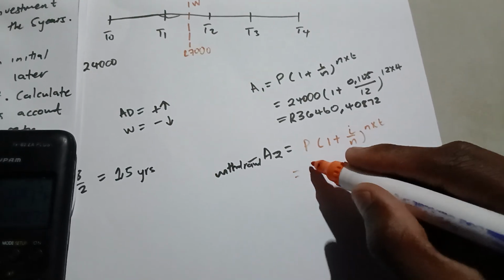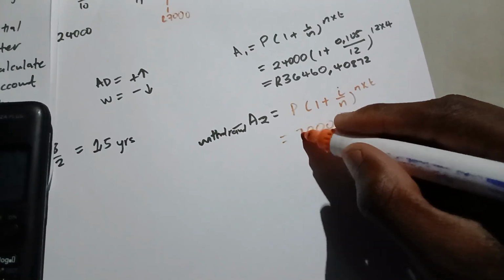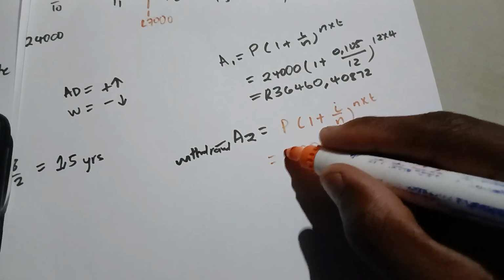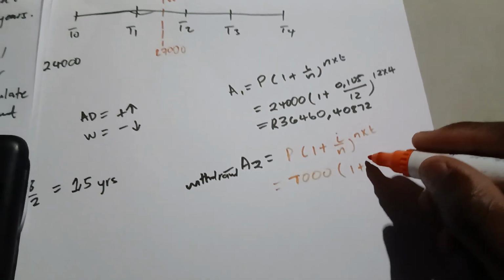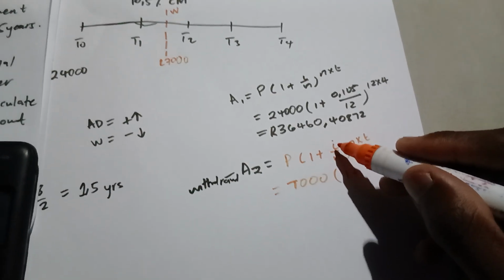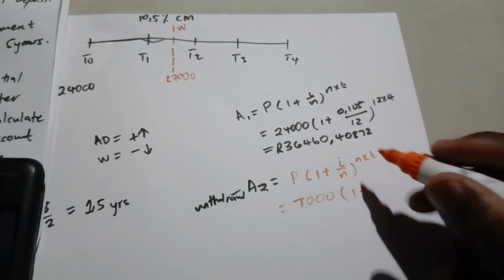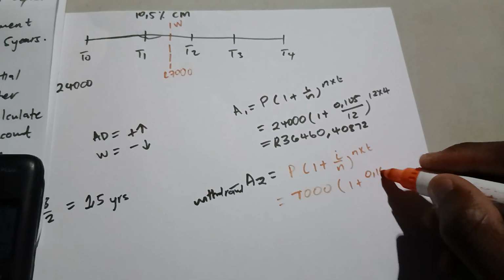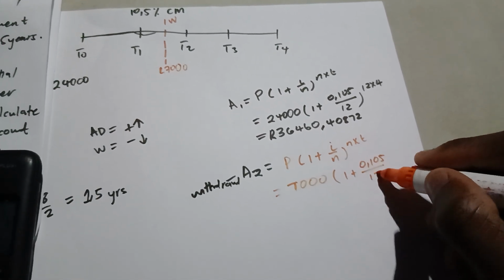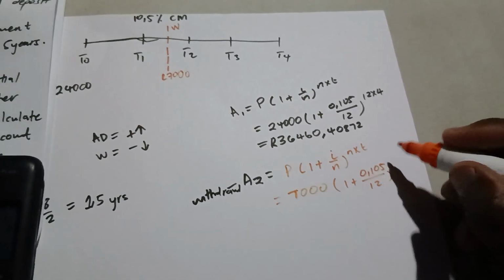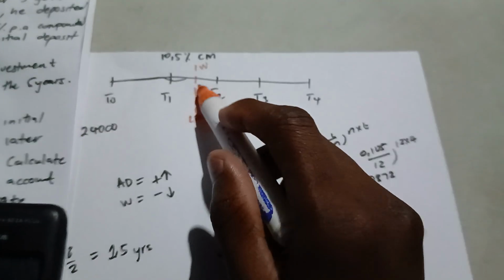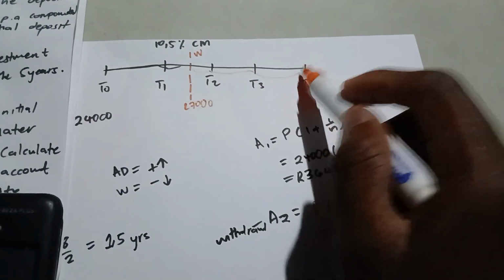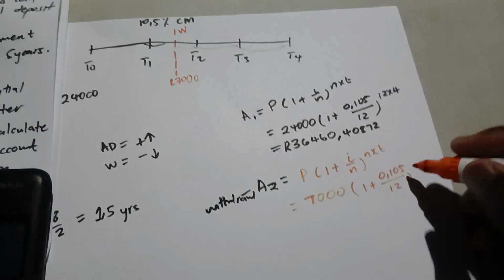Now it's 7,000 times (1 plus) the interest rate on that particular period, which was 10.5% compounded monthly. And when it comes to the number of years, remember it is the time left. Remember it's 2.5 years.